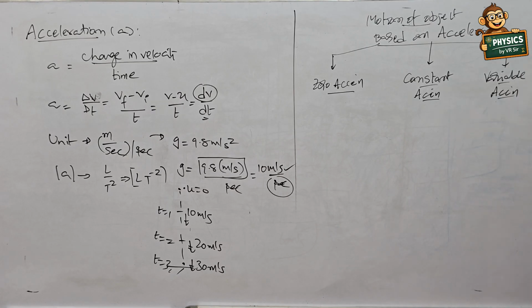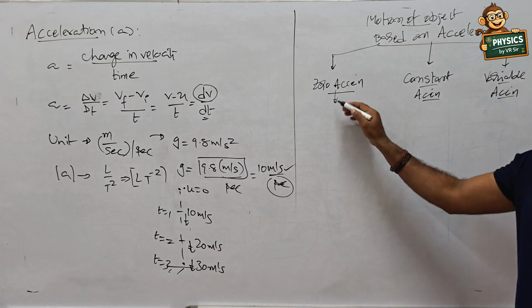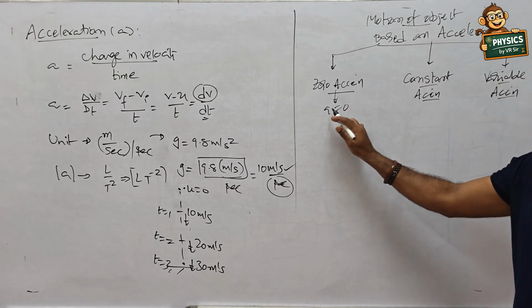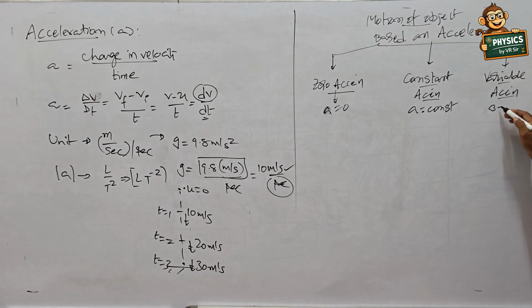Whatever the case, the study of the motion of an object falls under one of these categories: zero acceleration, A equivalent to 0; constant acceleration, when A is equivalent to constant; and variable acceleration, when A is equivalent to variable.